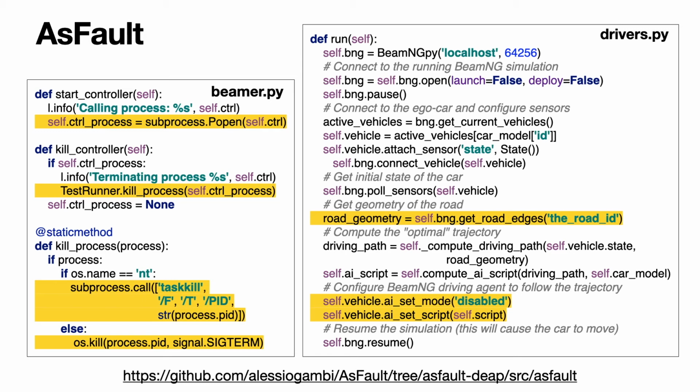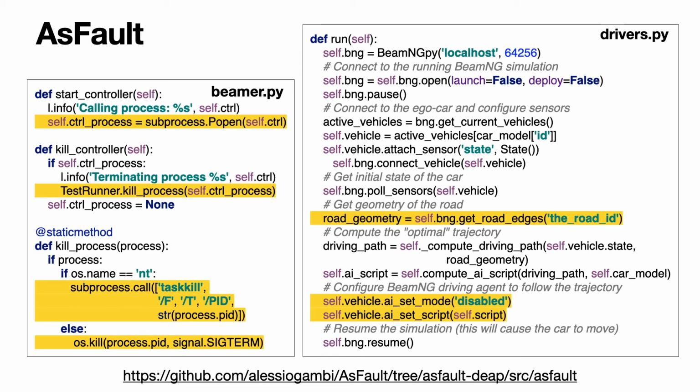So provided that you know the ID of a road, you can ask BeamNG, give me the information about its geometry. And then once you have this, you can use a trajectory planner or a path planner to decide how to drive the car. If you don't know the name of the road, you can even ask for all the roads in the map, and then you can look it up somehow there.